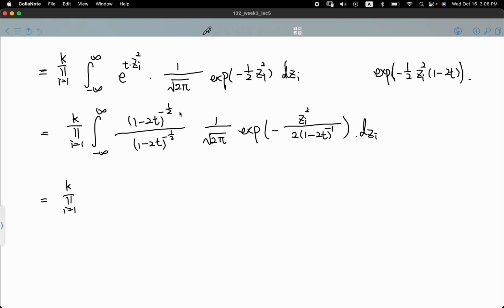So I'm going to bring one copy, or this numerator, outside. And then for the rest inside the integral, we have 2 pi, and then 1 minus 2t, and don't forget there's an inverse first, and then taking the square root.